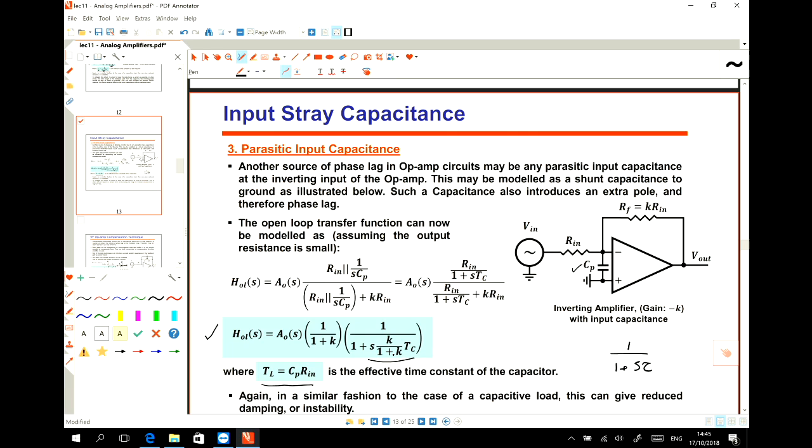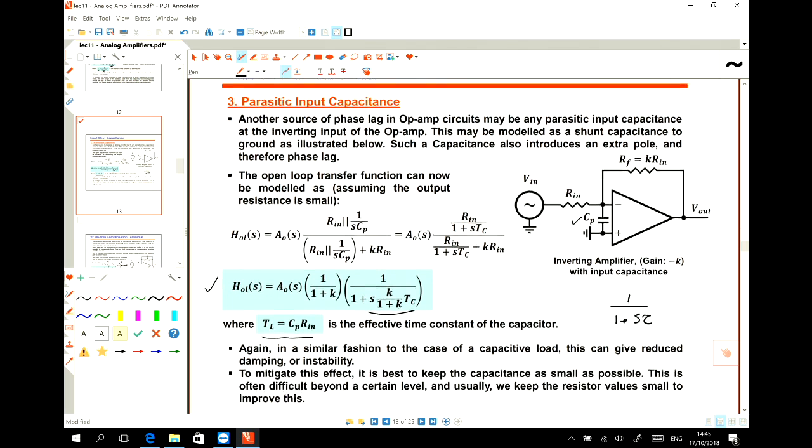So this is the pole which is generated by this capacitor, and this is tau C, and then this tau C is calculated based on this formula.